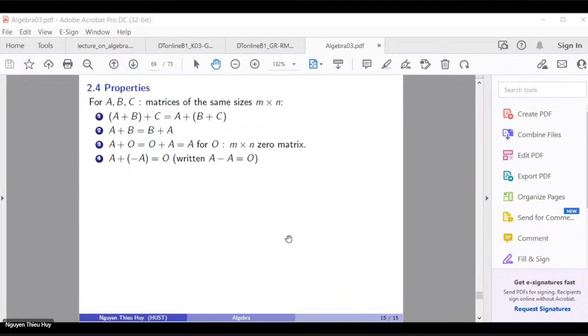Okay, let me prove two of them, the first one and the last one. Intuitively, you see that we are defining the addition using the addition of the field K. Therefore, the matrix addition should inherit the properties of the addition in the field K, because we define it very naturally, at corresponding entries.